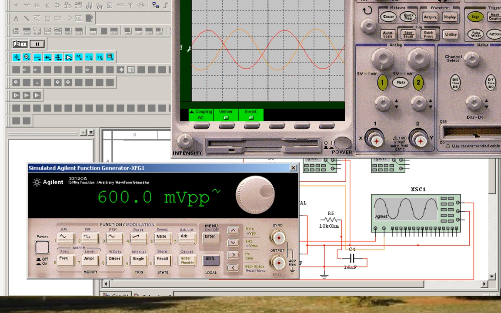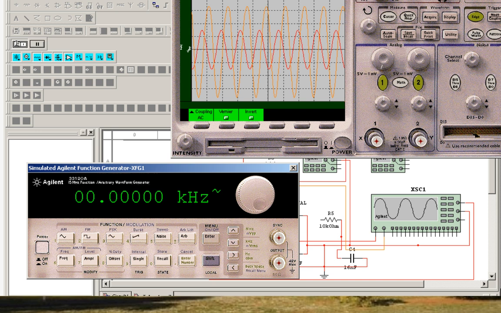It's not even working now. It's not showing that distortion. Oh wait, there it is. Okay, there's the distortion. That's what I was looking for.